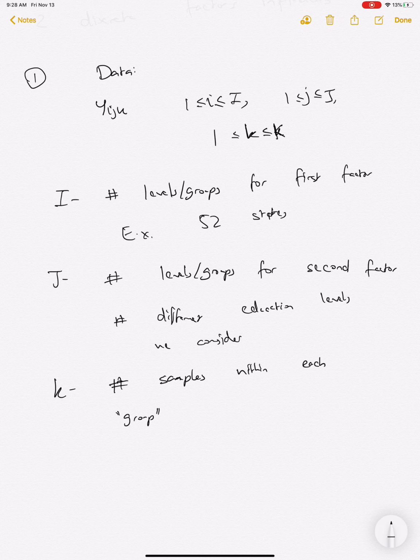So once again, we're assuming that K is the same across all of these different groups, and now groups have two factors that determine the identity of that group. So it might be people who graduated college in Wisconsin, it might be people who graduated high school in California, or something like that. And so you have two factors here that influence the response, and K is the number of samples within each of those subgroups.